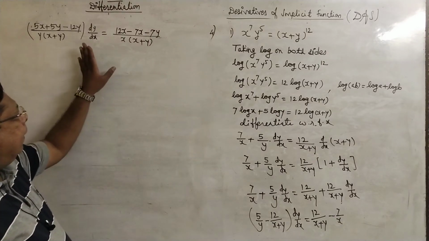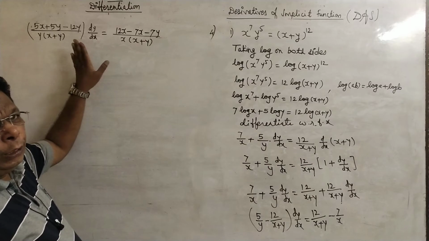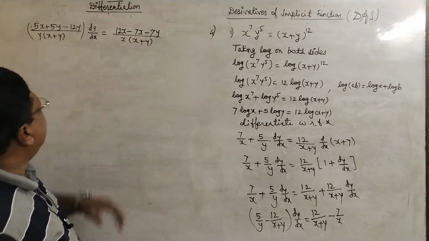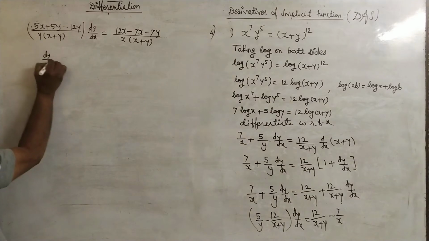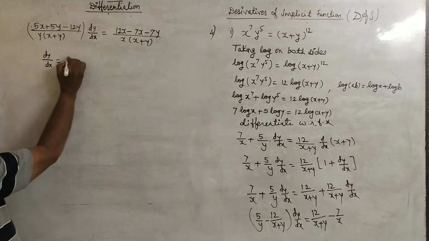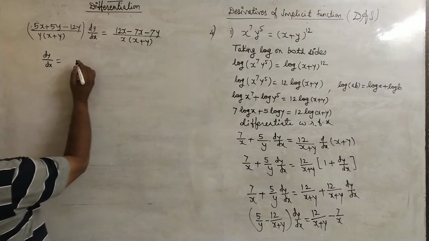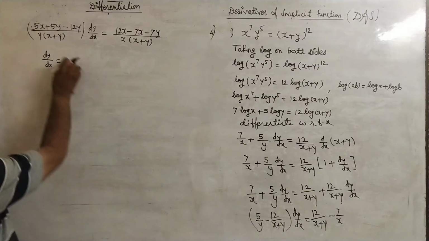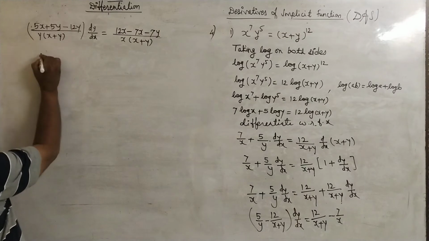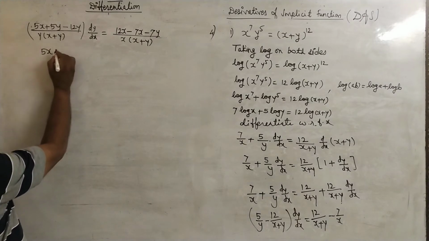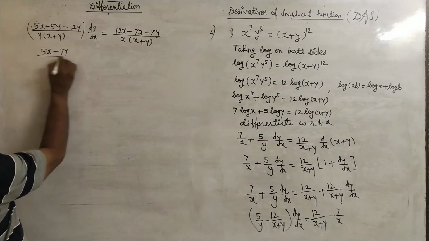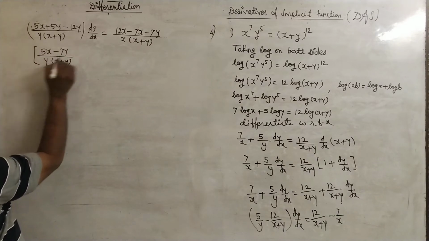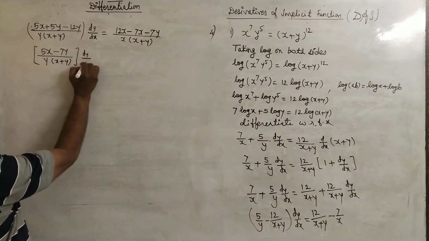Now simplify. We have to find dy by dx. So keep dy by dx as it is and cross multiply. Write one more step here. 5x plus 5y minus 12y is minus 7y, over y into x plus y, into dy by dx.